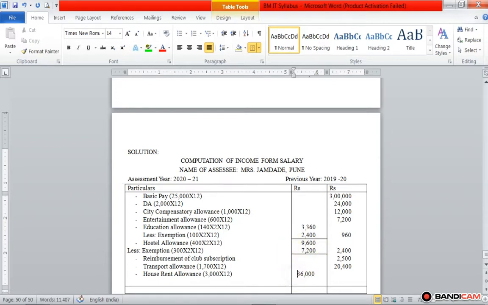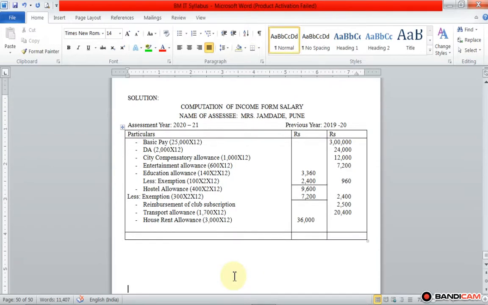Now we find out the exempted HRA. So make a working note here. Working note first, that is calculation of exempted HRA.